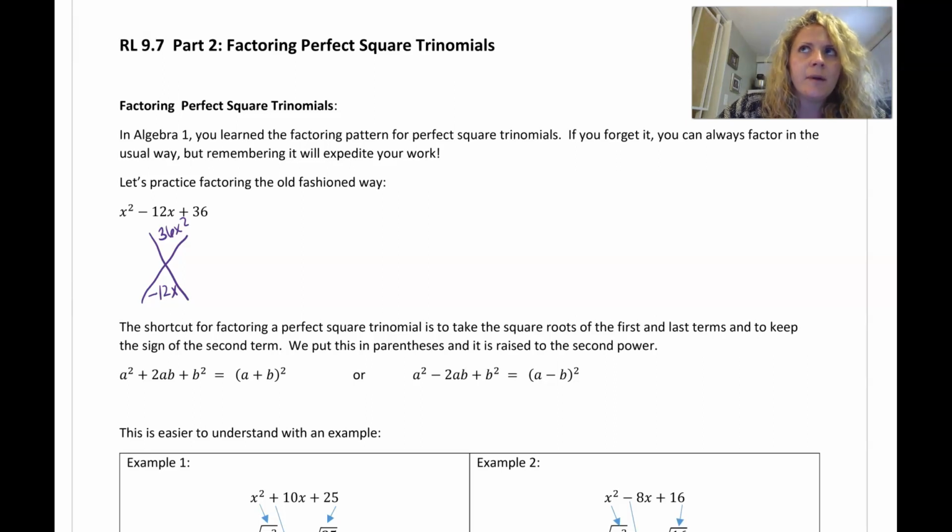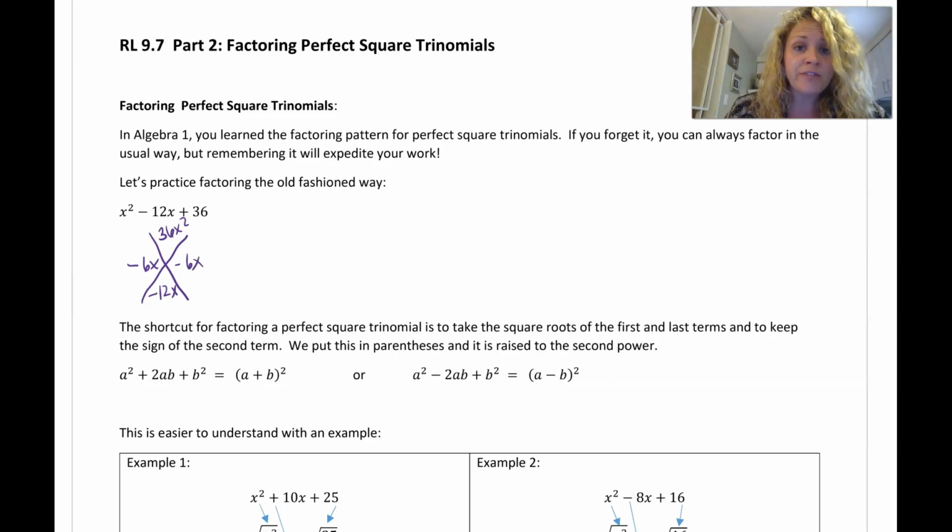So if we think about the numbers that have that product of positive 36 and sum of negative 12, we know those numbers have to have the same sign because their product is positive, but they have to be negative numbers because their sum is negative. So if I think about it, the only numbers that work are negative 6 and negative 6.